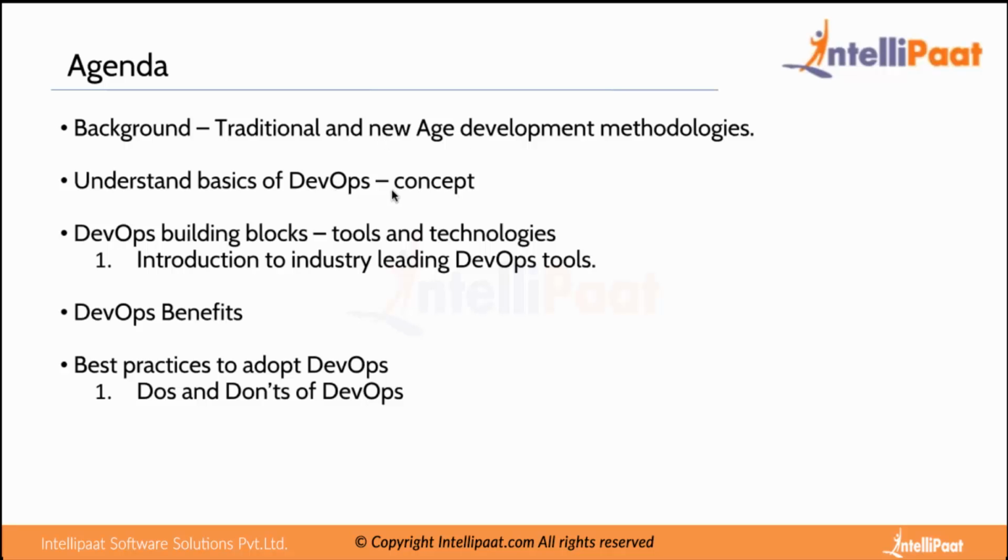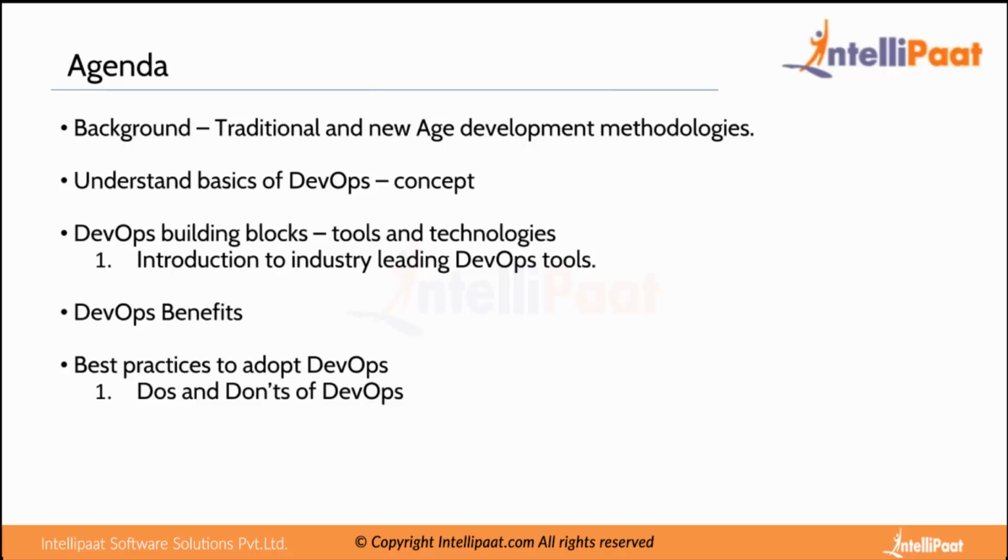So we will go through that, and then we will move on to understand what are the various kinds of tools we will use for DevOps. DevOps cannot be just implemented like that. There should be some programs, software which you will use and adopt these practices. So those are called the building blocks of DevOps, and these tools will enable you to adopt the automated DevOps pipeline, the infrastructure.